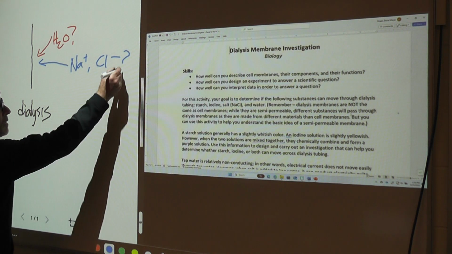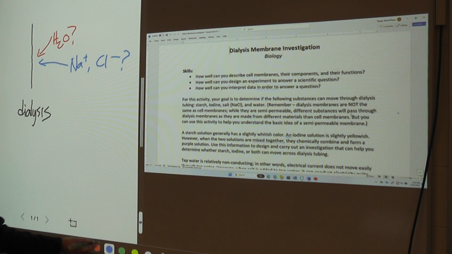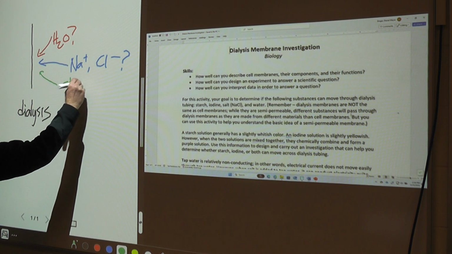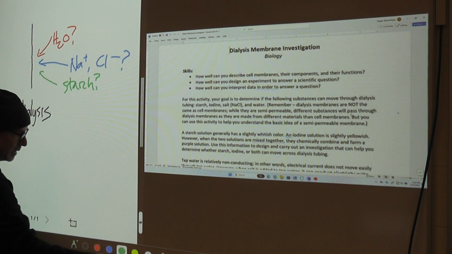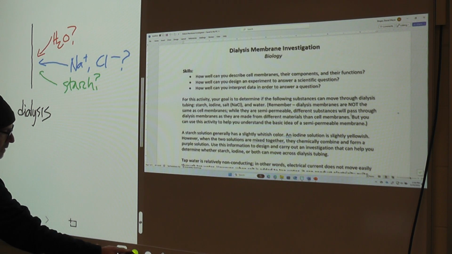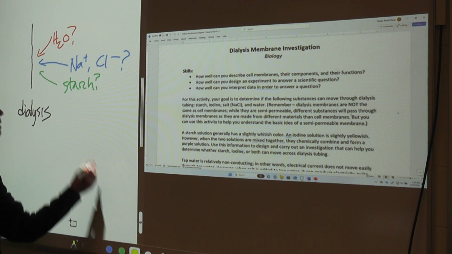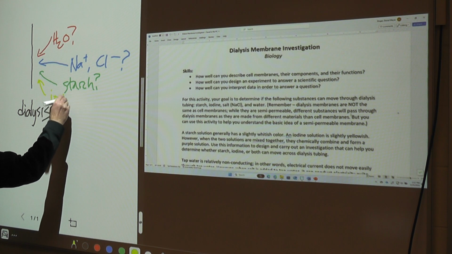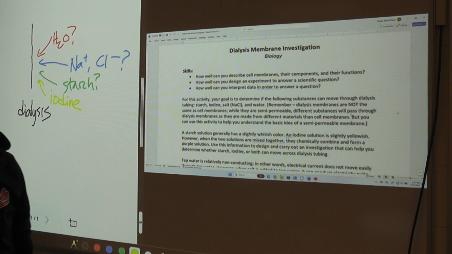Can those get through? We're looking at starch. And we're looking at iodine, okay? So these are the things that we're trying to test.